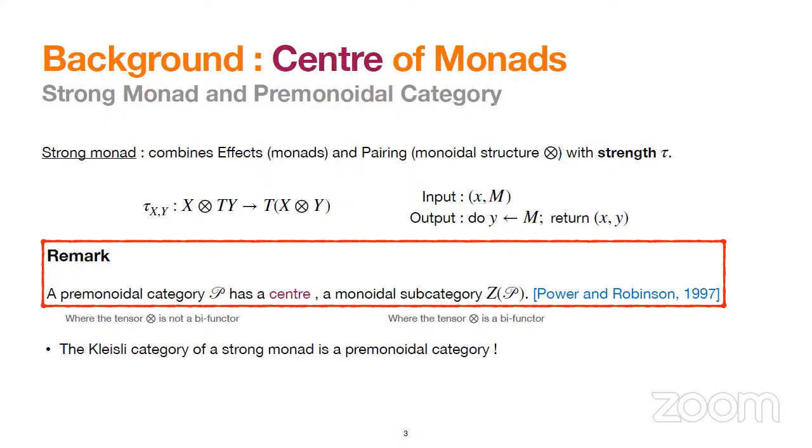And from that, we have another result: the Kleisli category of a strong monad is a premonoidal category. Then, in the paper on the center of monads, they discovered the connection between the center of the premonoidal category and their construction of the center of the monad.